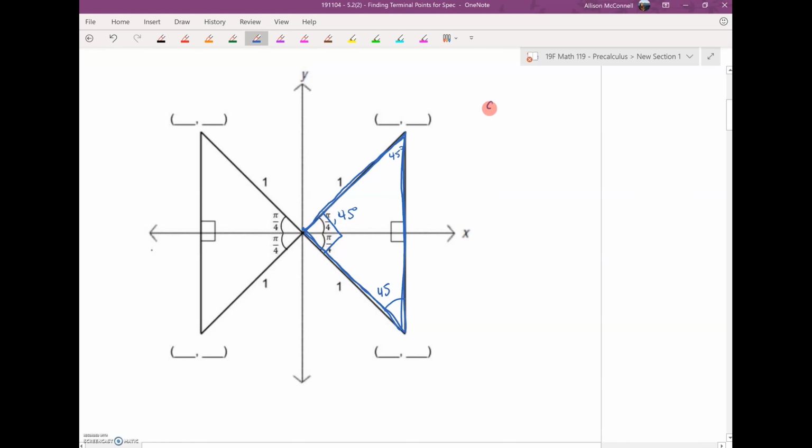And then you can set up your Pythagorean theorem as 1 squared plus 1 squared equals c squared, and then simply solve and get that c has to be a length of square root of 2, which would get you this entire length.